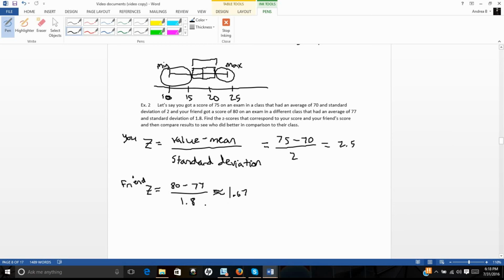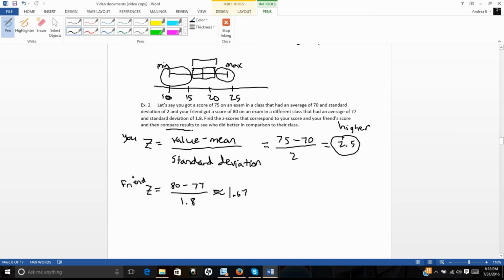So here in comparison, your friend scored about 1.67 standard deviations above the mean. Once again, both of you scored above the mean. You know that it's above because they're positive z-scores. But your score in this case was higher. So in this case, let's circle this, that yours was the higher score in relativity to the class, which is what it was saying here.